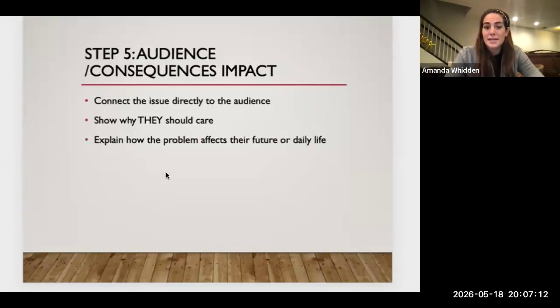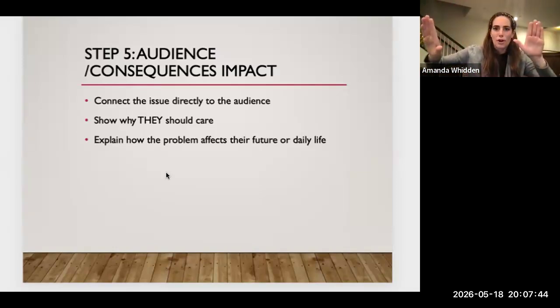And so that's why we move into this next step, which is the audience or the consequences impact. We want to explain exactly how their behaviors every day are going to impact them. Or if somebody does not react, exactly why this is going to impact them. Now, we'll talk a little bit about these consequences later because some of them could be used in your next main point, which is the solutions, where we start to address the counter argument.